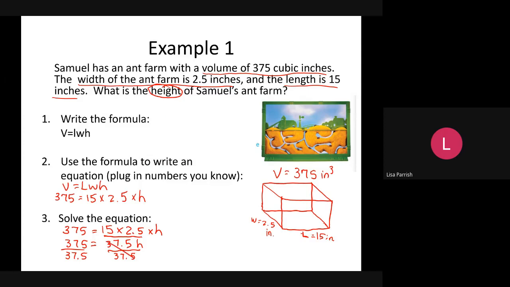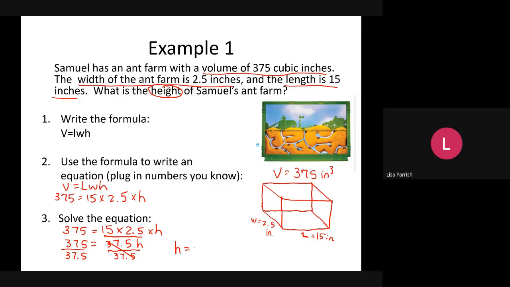That's going to cancel. I've run out of room, so I'm going to have to go here to the side. And in my calculator, I'm going to type in, if you'll look right here, this is 375 divided by, think of that line as a division sign, divided by 37 and 5/10. So I'm going to type that into my calculator.